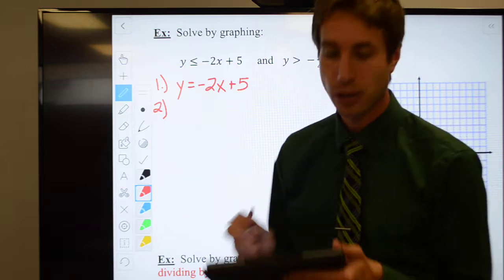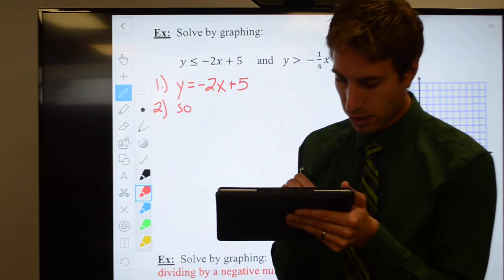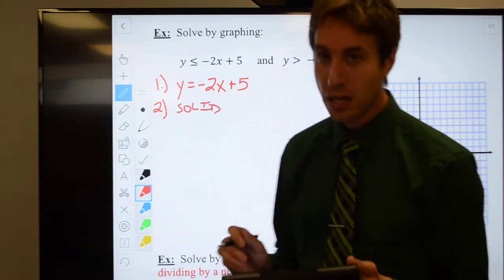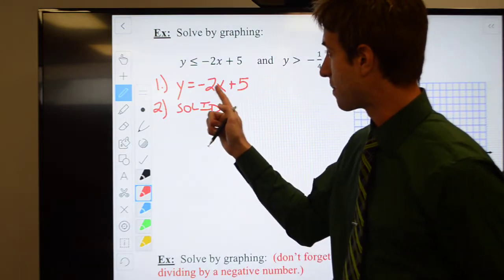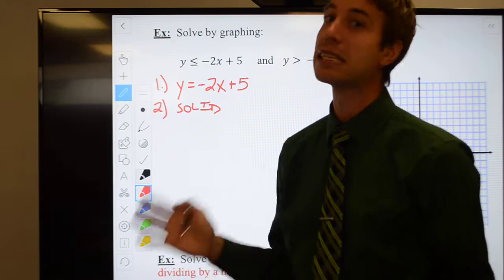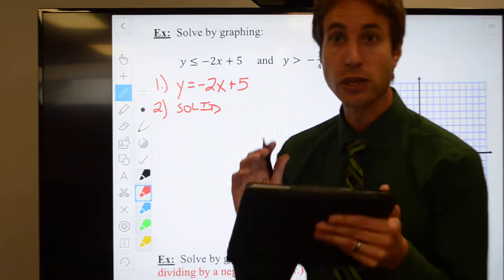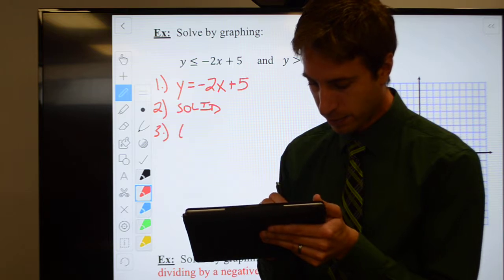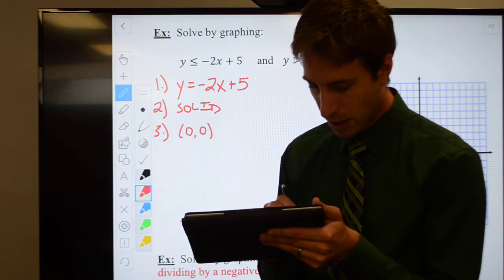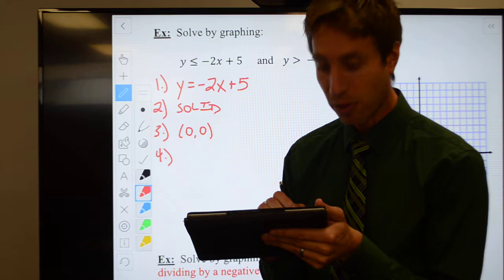Step 2, do I need a solid or dotted line? Since it's less than or equal to, that's going to be a solid line. Because this goes through y equals 5 and my slope is negative 2, it is not going to go through the point 0, 0, so I can use 0, 0 as my test point. And that means in step number 4, we plug that in.